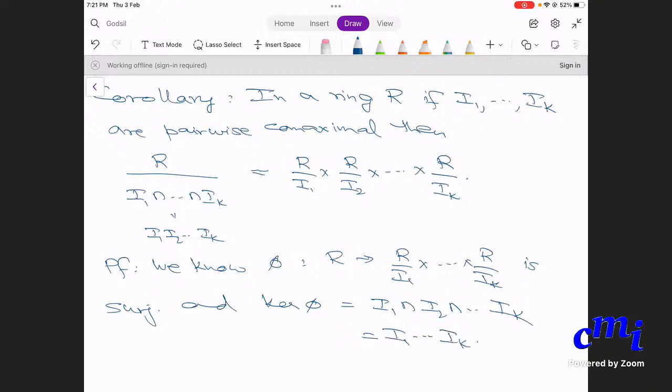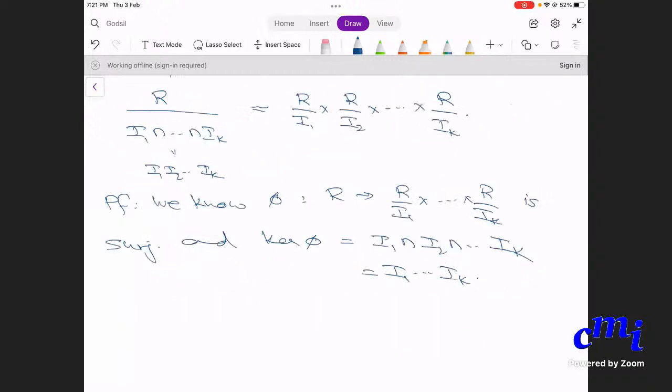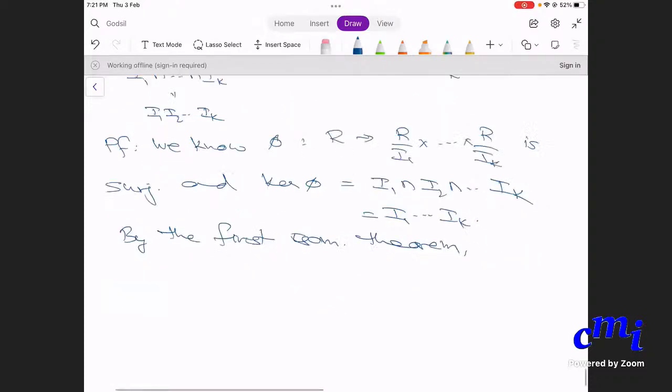So we have a surjective ring homomorphism, and the kernel is some ideal. Then R mod that ideal is isomorphic to the ring on the other side. That's the first isomorphism theorem: R mod the kernel is isomorphic to the image, but it's surjective, so the image is everything.